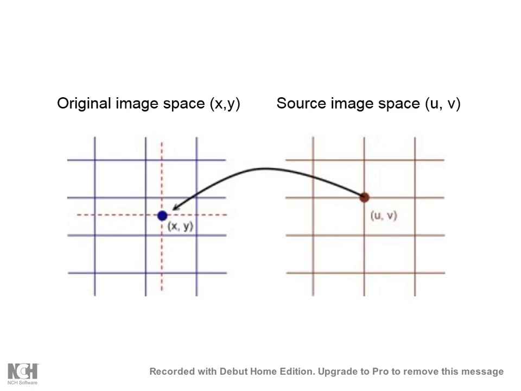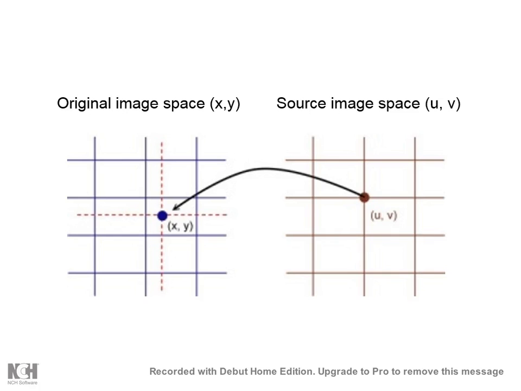I just shrank the original image, from here to here. So how do you know the color? You use the reverse mapping. You know which pixels the source pixels belong to. It belongs to here, right? It's exactly here, right?